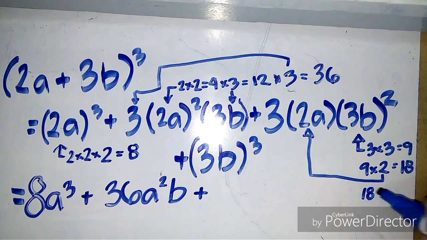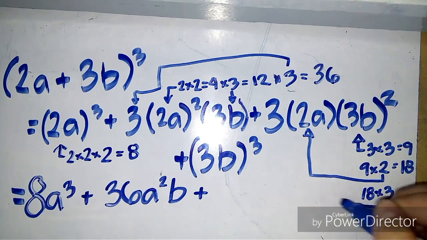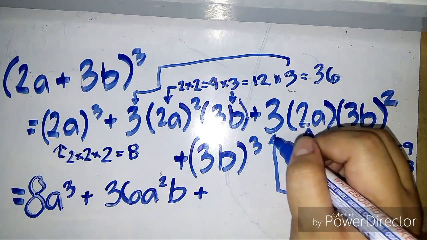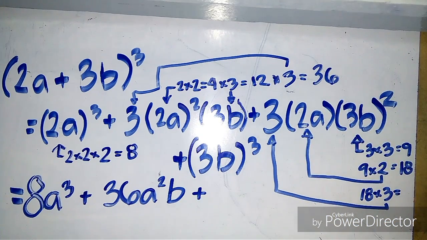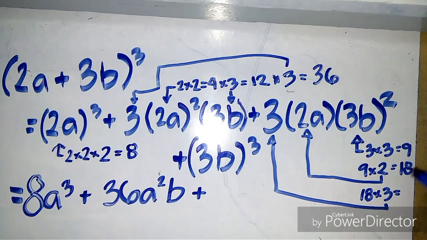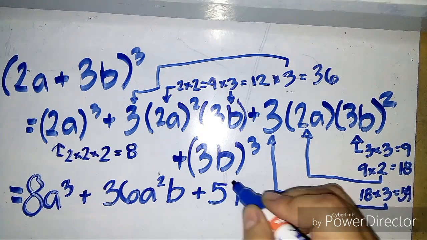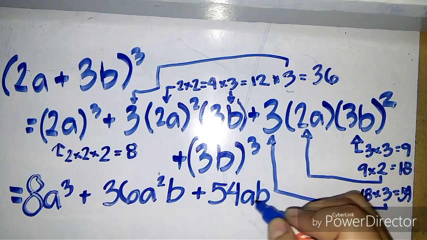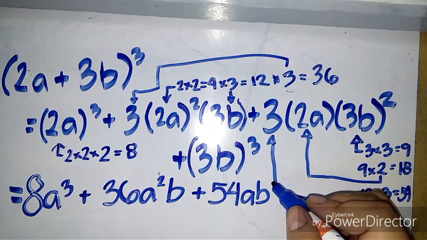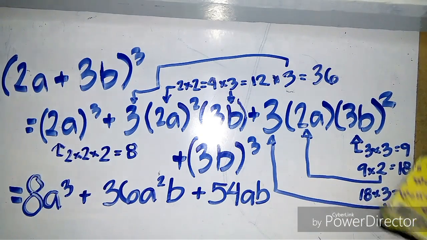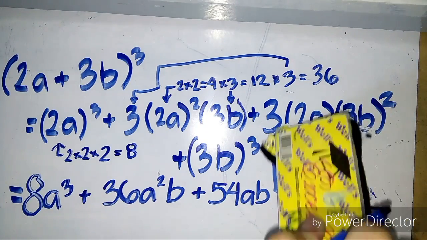Then 18, we're going to multiply that by 3. So we got the 3 from over there, and that would be equal to 54. So I'm just going to write there 54ab, and the square doesn't fit, so I may need to erase this.